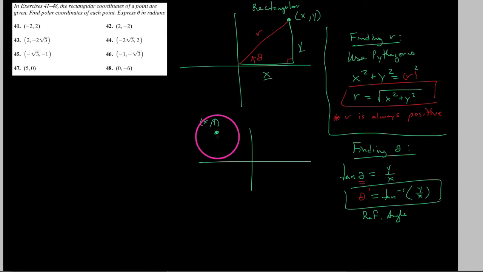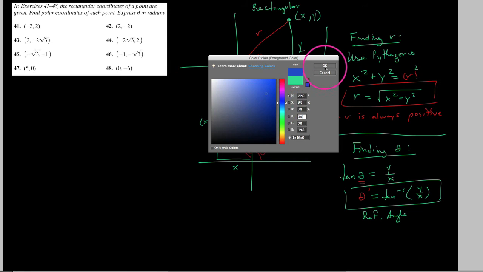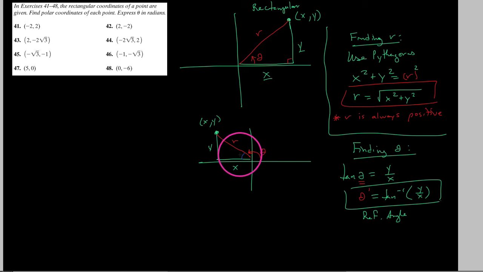Here are x and y, and I want this in polar form. The things we don't know are theta, going from the positive x-axis, and r. When we use tangent inverse to solve for theta, we're really finding just this part right here.